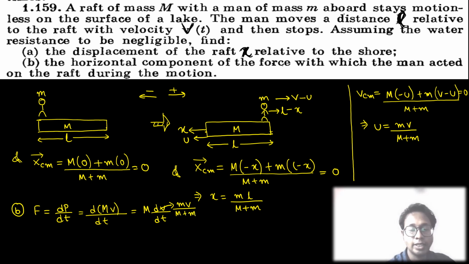Here small m and capital M are constant, so you can separate them out. So our change in velocity would be m by m plus m into dv by dt. So this is the force exerted on the plank. Understood?